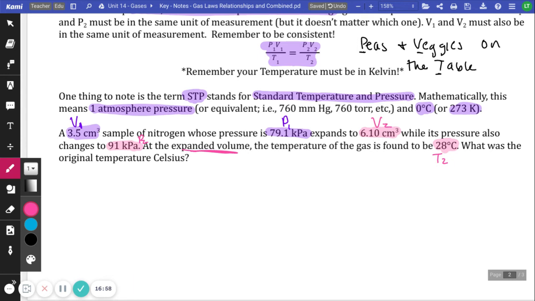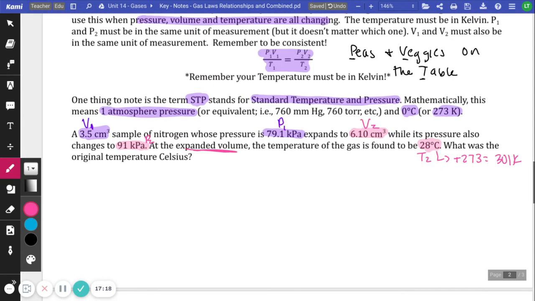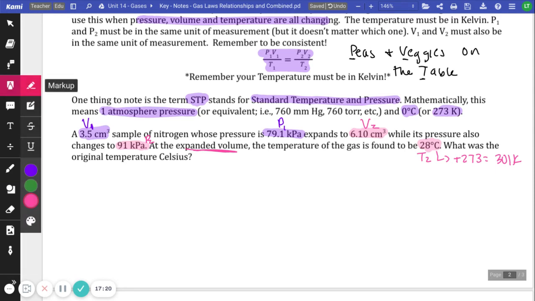Now remember that our temperature must be in Kelvin. So we're going to take that 28 and add 273 to it. So plus 273 gives us that our T2 temperature is going to be 301 Kelvin. And then what are we looking for?